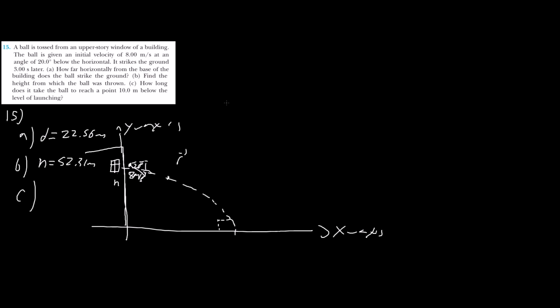That's just another way of saying let h be 10 meters for the time, where the initial velocity is 8 sine of 20 degrees multiplied by whatever that time is, so meters per second times some time, plus 9.8 meters per second squared divided by 2 times t squared.